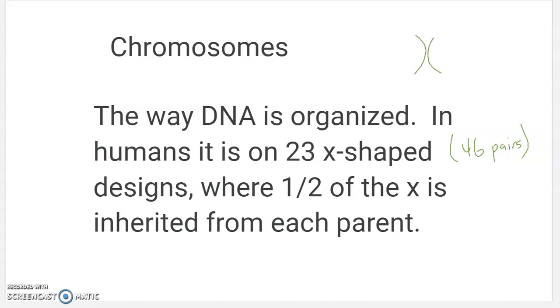So you've got 46 of these, 23 of these in the nucleus. So chromosomes are the way your DNA is organized. You have 23 sets of chromosomes, or halves from each parent. So that's gene, DNA, and chromosome. Go ahead and pause here and make this card.